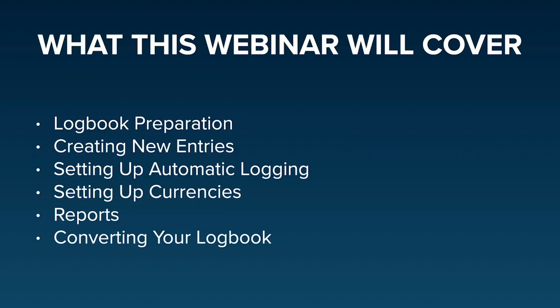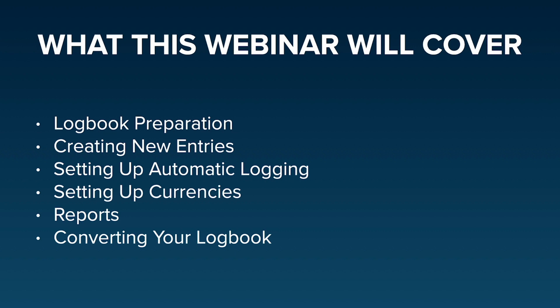So what are we going to go over in this webinar? First, we're going to start off by talking about logbook preparation. Then we're going to go through how to create a new entry and different ways that you can do that. We're going to talk about setting up automatic logging, so my flights are automatically turned into draft entries for me inside of my logbook.